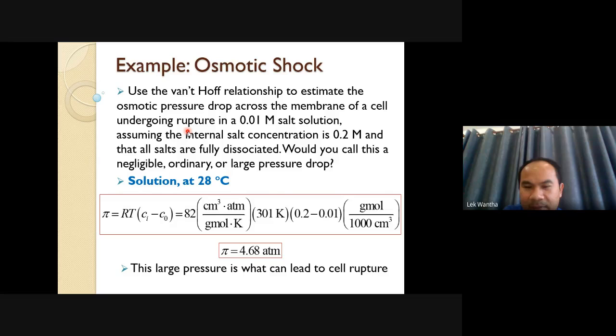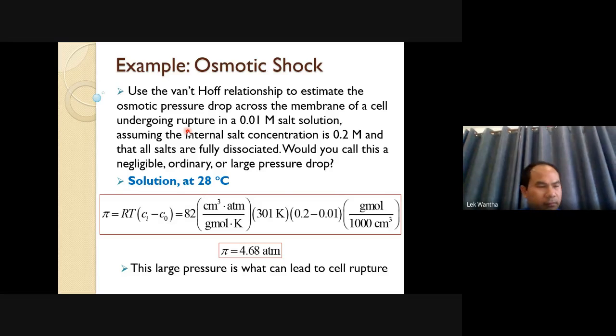How about 1,000 cubic centimeter per gram mole? What is this value? That's what we check, the units.